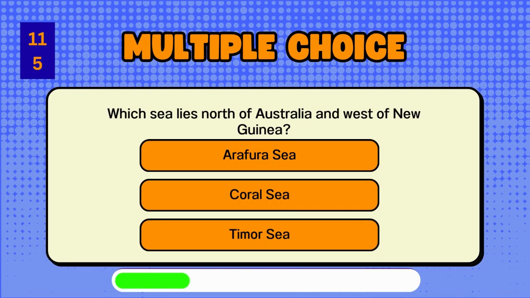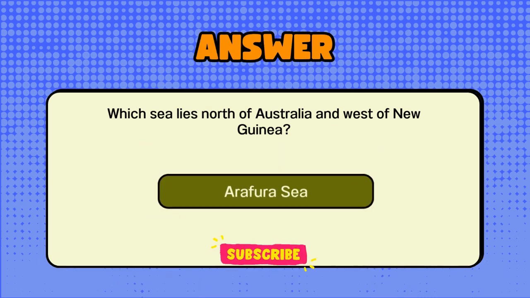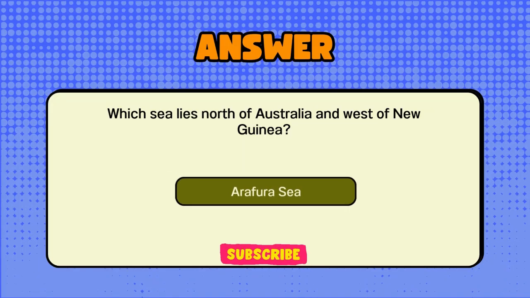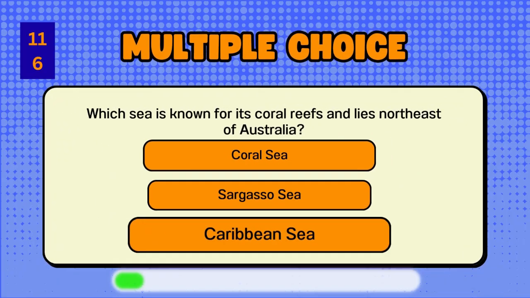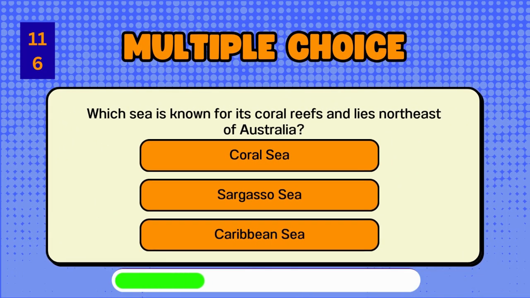Which sea lies north of Australia and west of New Guinea? Which sea is known for its coral reefs and lies northeast of Australia?